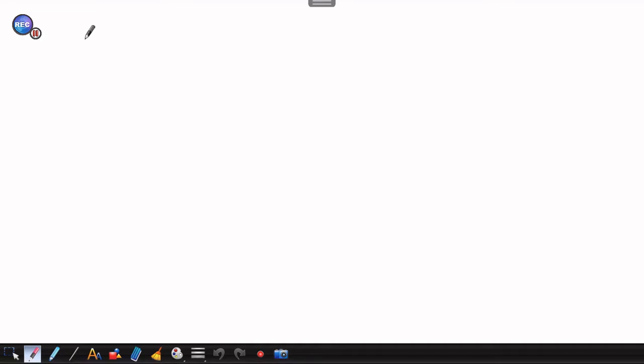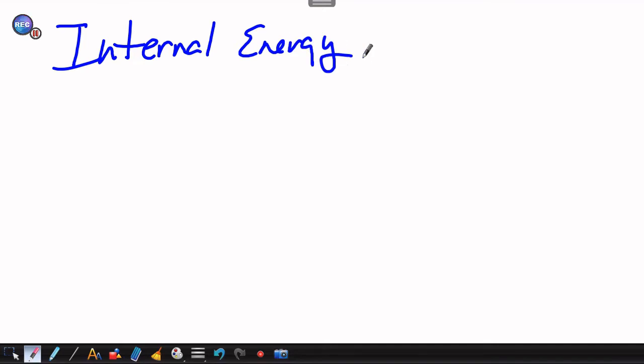And so we can eventually express the internal energy as some number of particles times a constant times temperature. All right. So if you've been in chemistry, this is starting to look reminiscent of the ideal gas law, which is what we're going to cover next week.